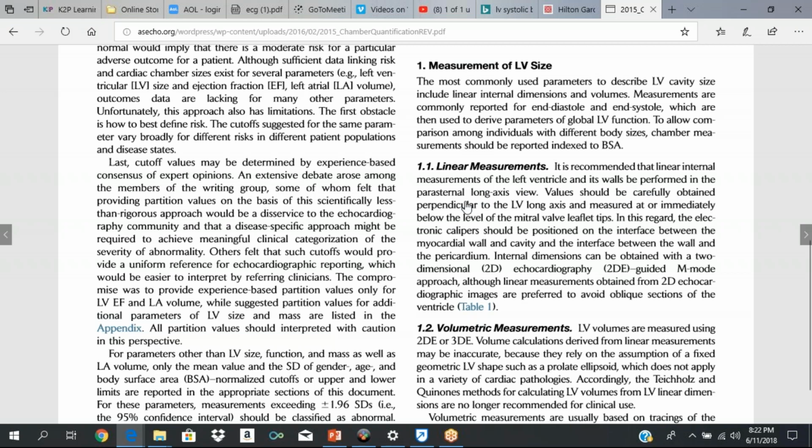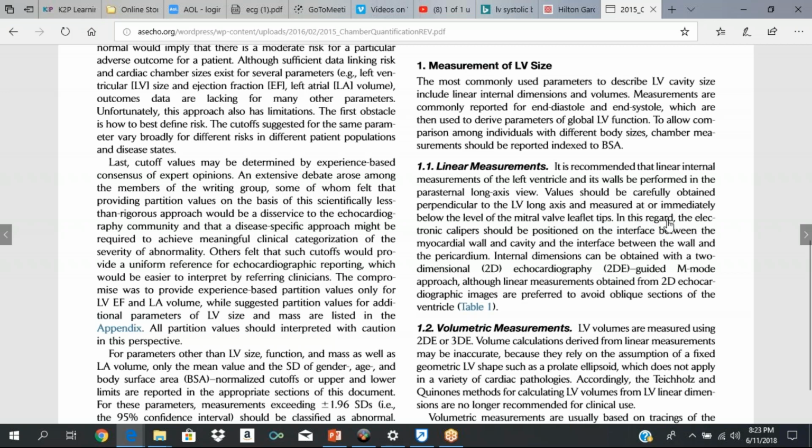Values should be carefully obtained perpendicular to the LV long axis. And when we look at examples, I'll show you what the LV long axis is. Okay, so you should do your measurements perpendicular to the LV long axis and measured at or immediately below the level of the mitral valve leaflets, the mitral valve leaflet tips. So essentially, you're going to do your measurements at the mitral leaflet tips.